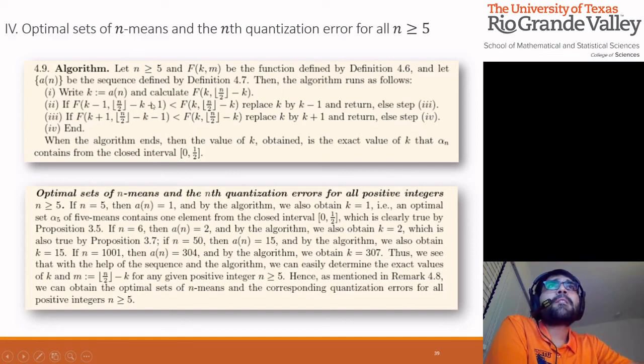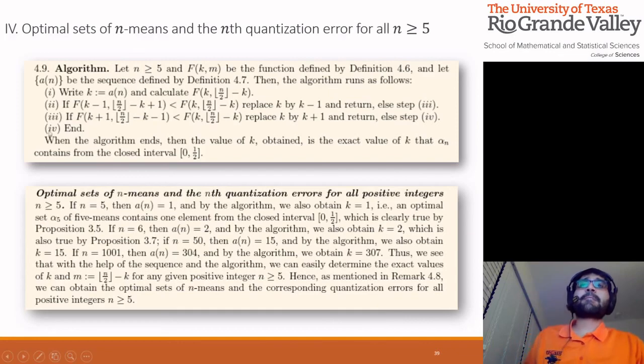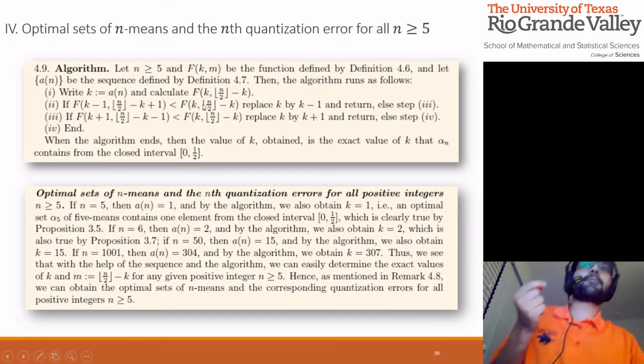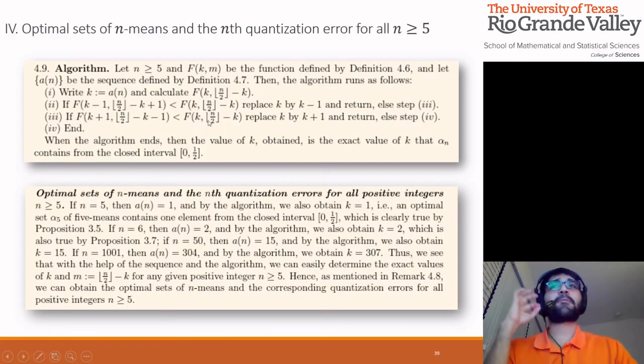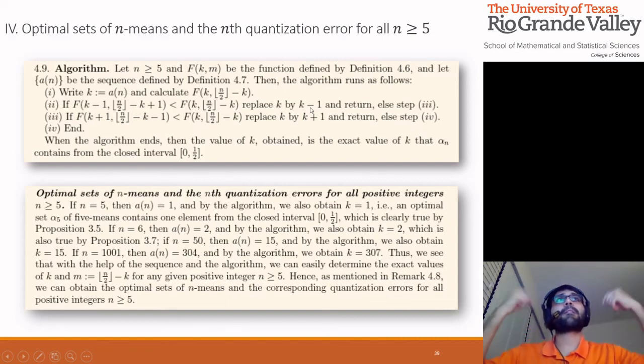If the new distortion error when we consider k minus 1 is less than the distortion error we found for the very first guess, we replace k by k minus 1, and now k minus 1 will be our k.